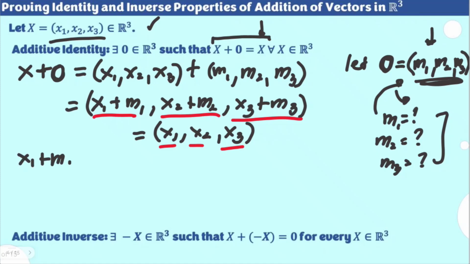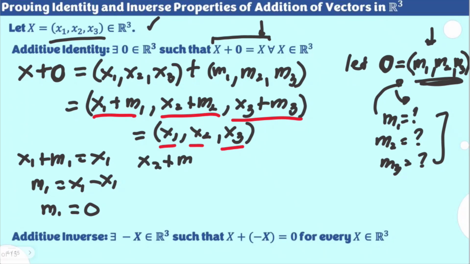When can we get m sub 1 here? When we subtract x sub 1 from both sides, so our m sub 1 is actually 0. As for the second component, x sub 2 plus m sub 2 must be equal to x sub 2. Similarly, m sub 2 is x sub 2 minus x sub 2, so m sub 2 would also be 0.